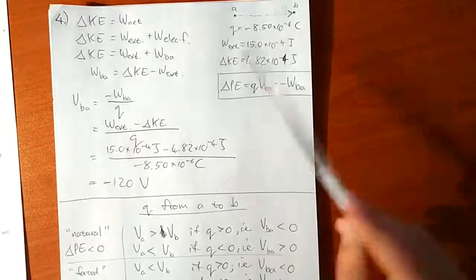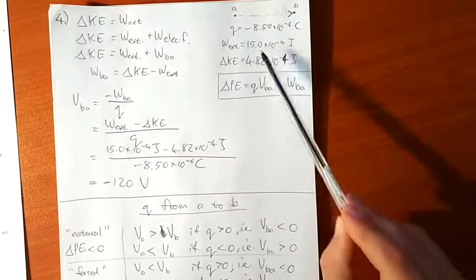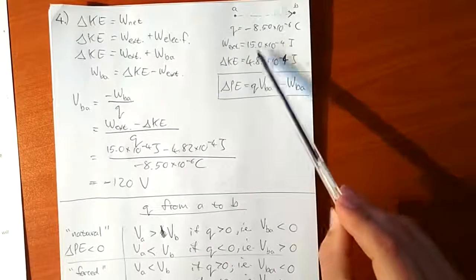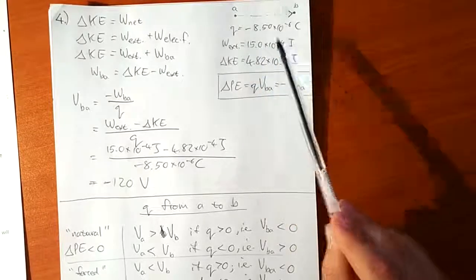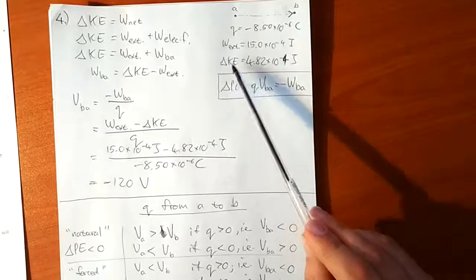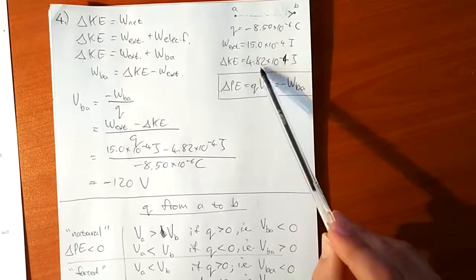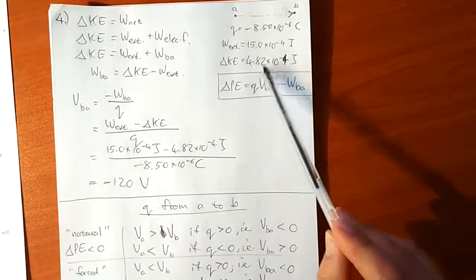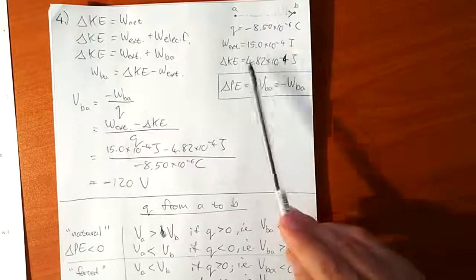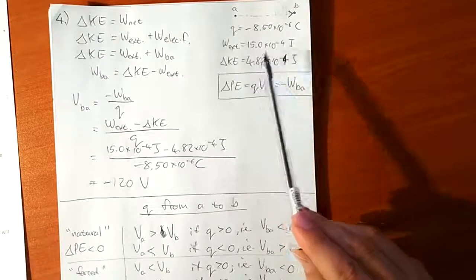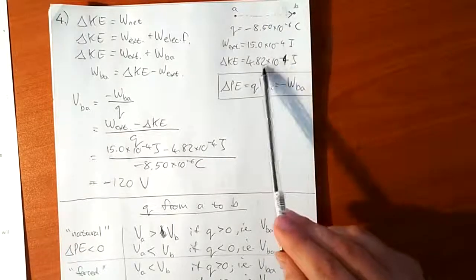So how I can reason about that intuitively is by looking at these two values. I've got the work done by the external force, it's that much, and I've got the change in kinetic energy, which is the kinetic energy it ends up with, because it starts from rest. Okay, so it starts from rest, and after it reaches point B, it's got this much kinetic energy.